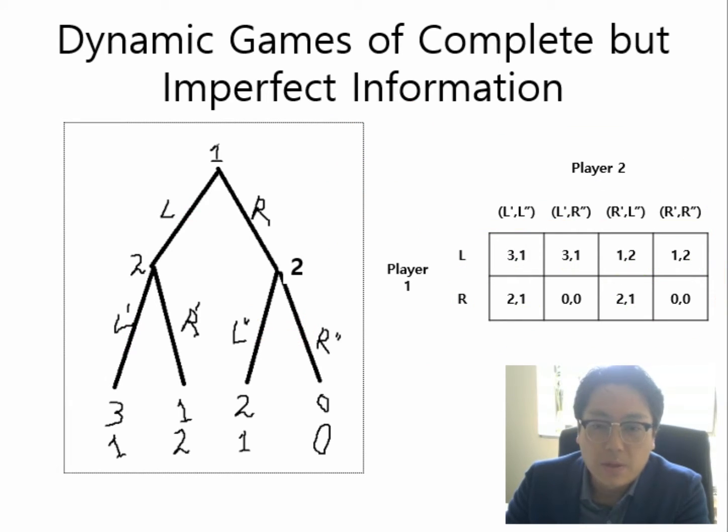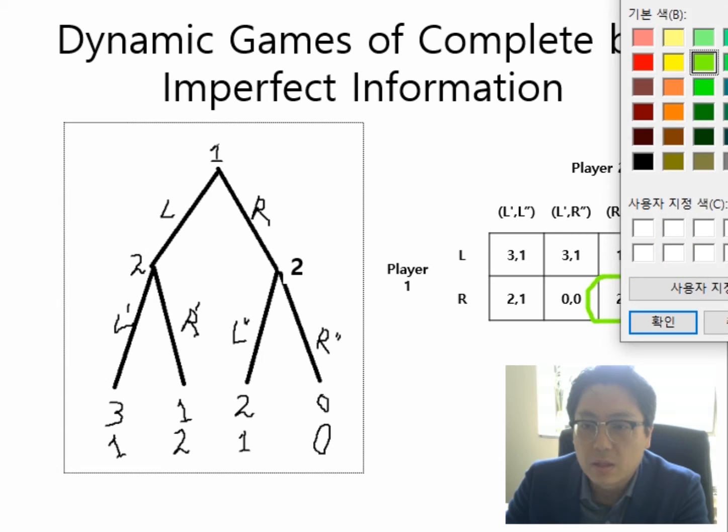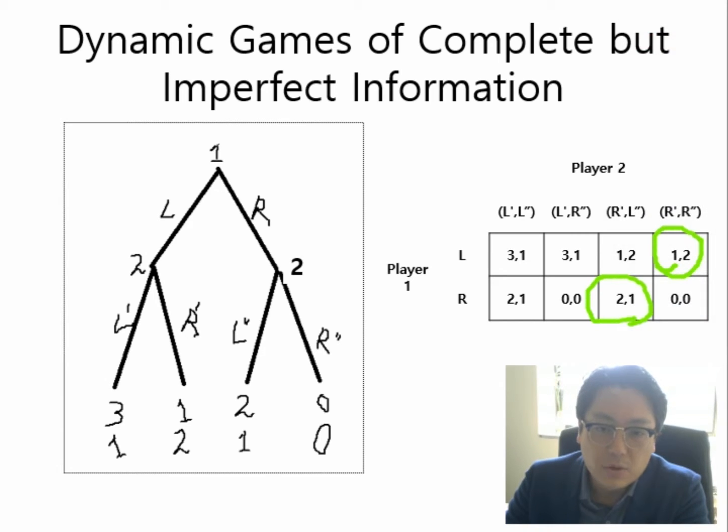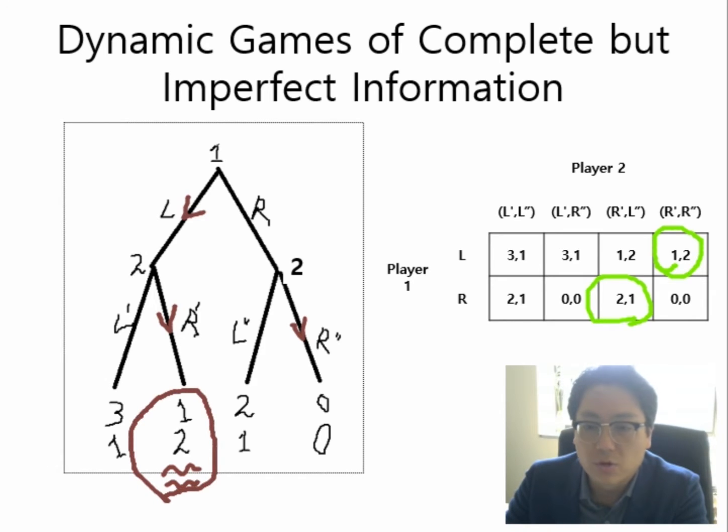Now, if I'm representing this Nash equilibrium and this Nash equilibrium, then look at this. The first player is playing L and the second player is playing R prime and R double prime. Then they will get this outcome. That is the first Nash equilibrium.